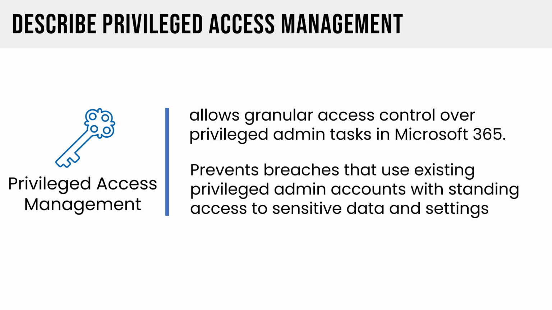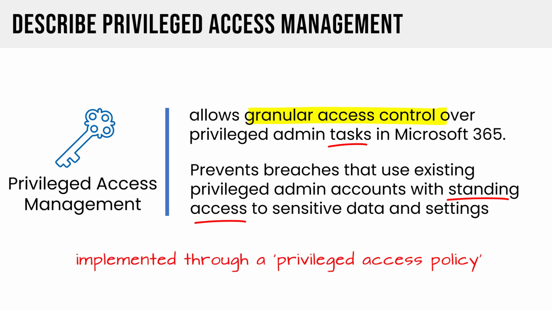It prevents breaches that use existing privileged admin accounts with standing access to sensitive data and settings. So it's about granular access control over tasks. PAM focuses on tasks. Remember that for the exam. And making sure we don't have accounts out there with standing access to sensitive data and settings. It's implemented through a privileged access policy, and you'll do that in the Microsoft 365 Compliance Center.